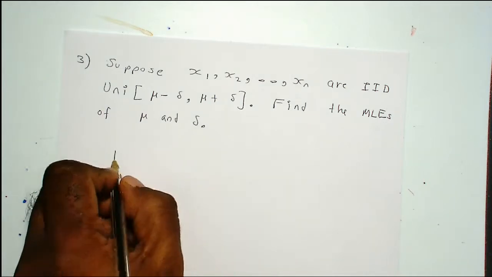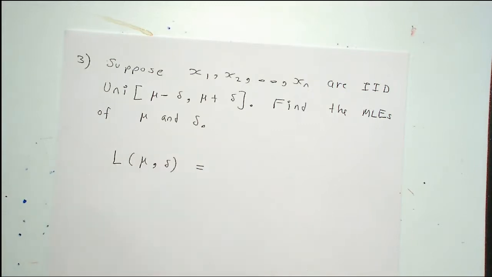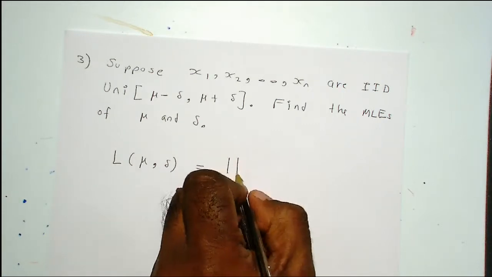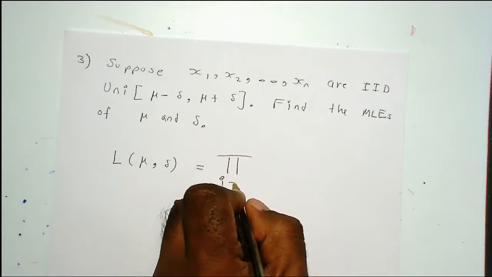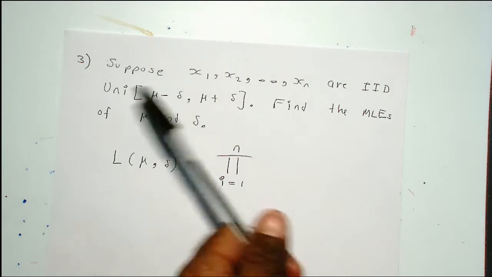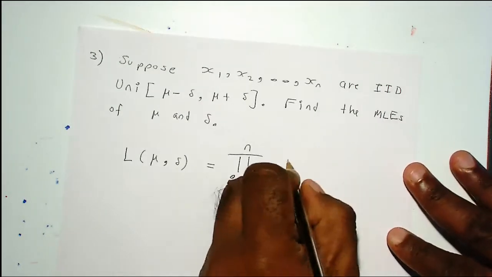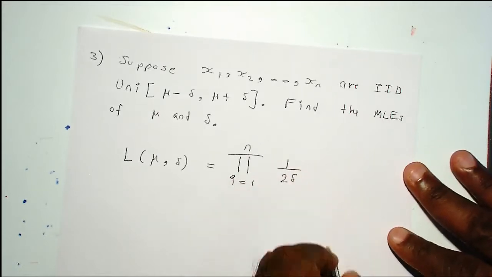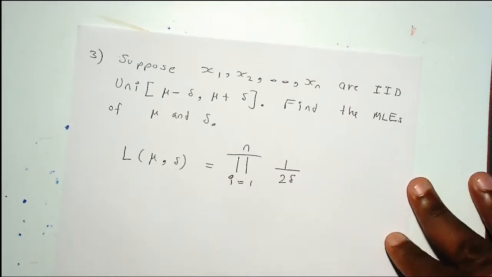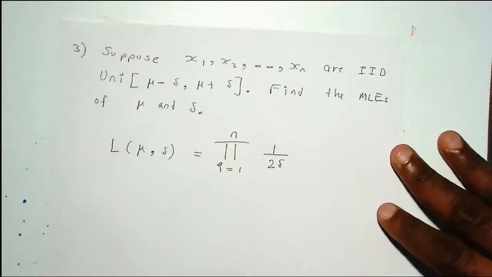All right, the first thing you need to do is write down the likelihood function. The PDF of this distribution will be 1 divided by 2 delta. Remember, the PDF of the uniform is 1 divided by b minus a. The b minus a here is 2 delta.